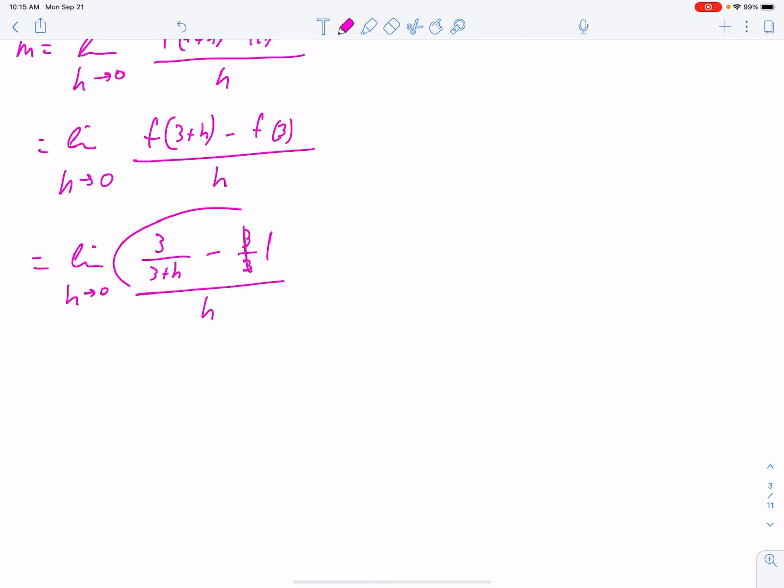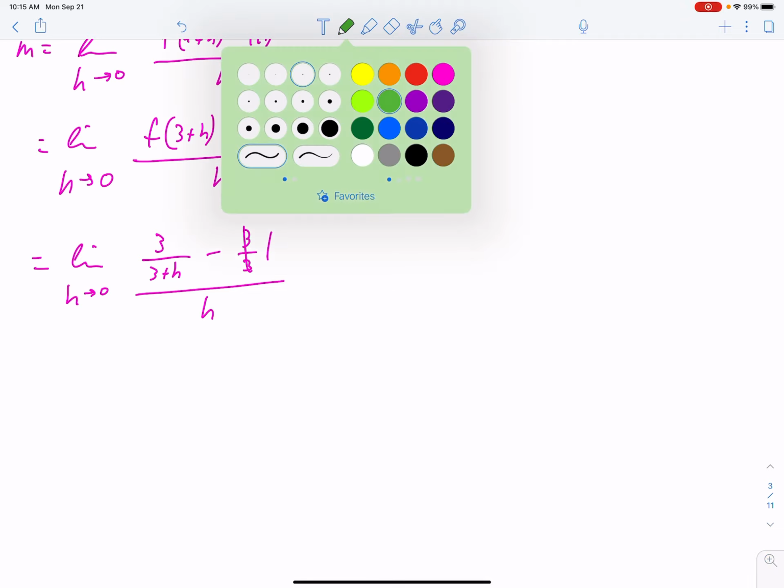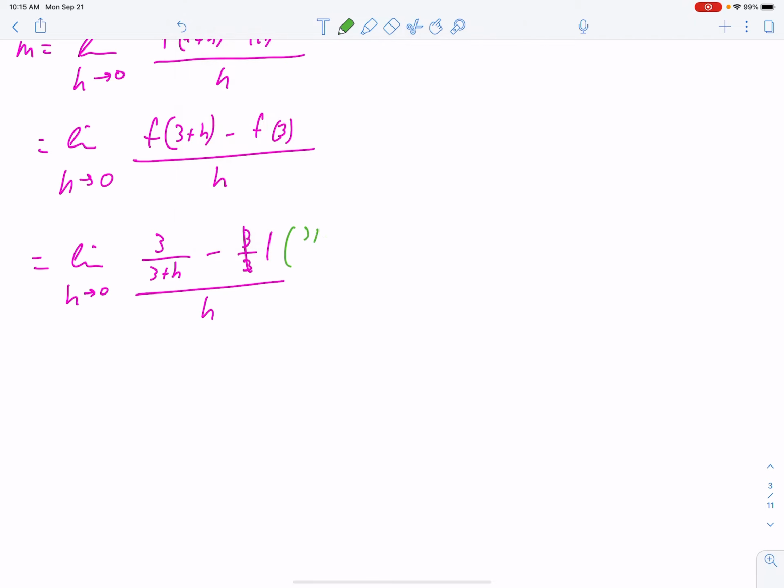We want to combine these two fractions here, so to add or subtract fractions, we need a common denominator, right? Well, in this case, if we multiply this by 3 plus h over 3 plus h, then we've got a common denominator, right? That's a 3 over 3 plus h. So we work our algebra magic here.